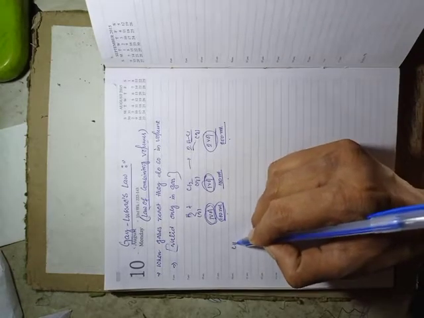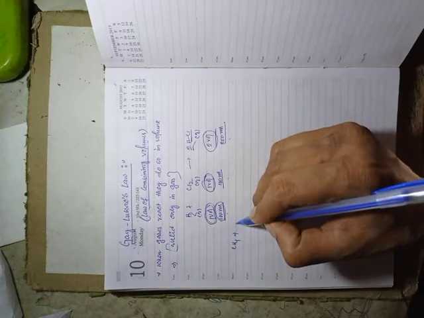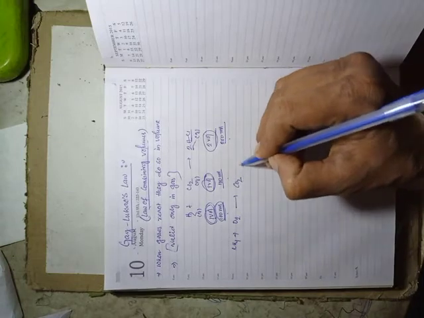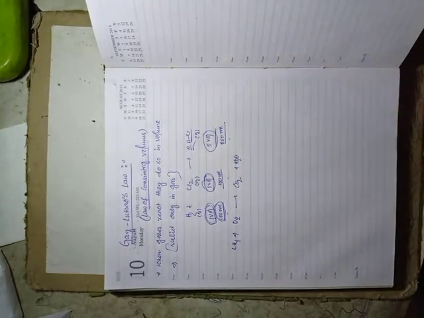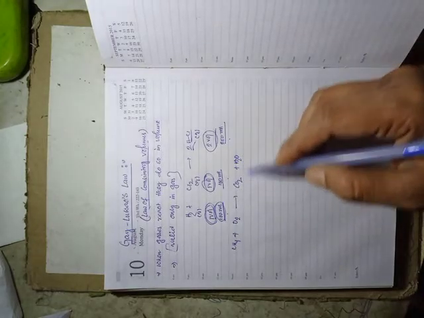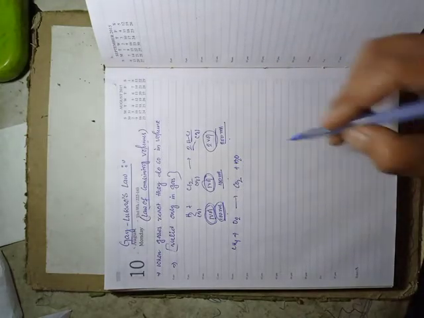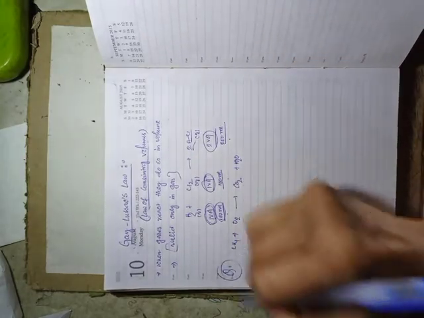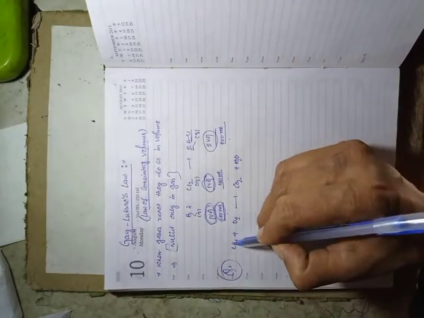Similarly, students, another example: burning of methane, CH4, in the presence of oxygen. Carbon dioxide and water will form. Burning means anything burns to form carbon dioxide and water vapor. Suppose the question is: 100 ml of methane is burning.